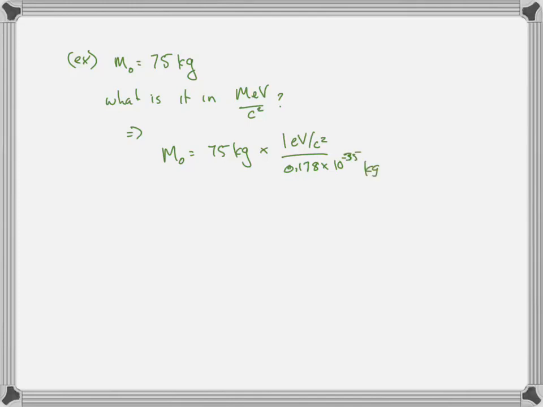So that equals 4.21 times 10 to the 35th eV per c squared.